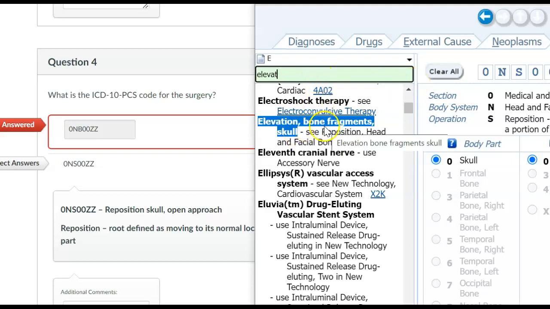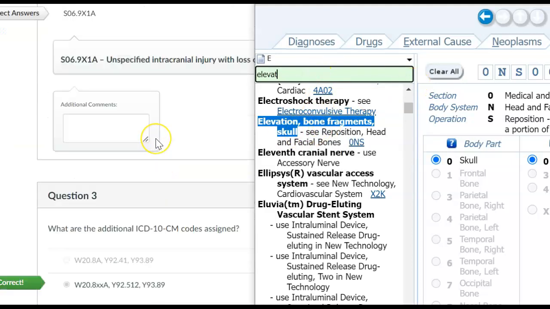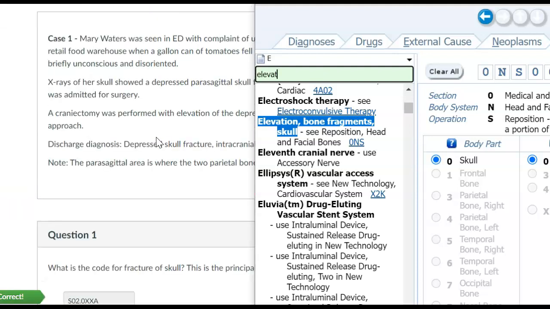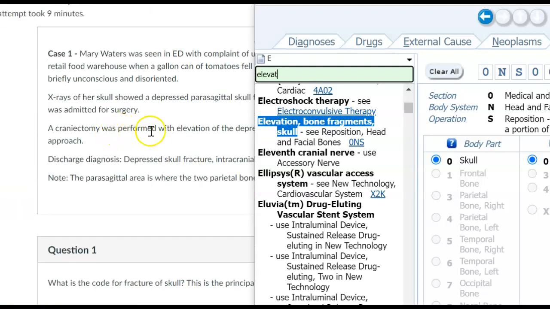If you were going to the craniectomy, keep in mind that it's leading into a bigger surgery, which is the elevation. A lot of the time your craniectomies are diagnostic, so that's why you're going with the elevation.